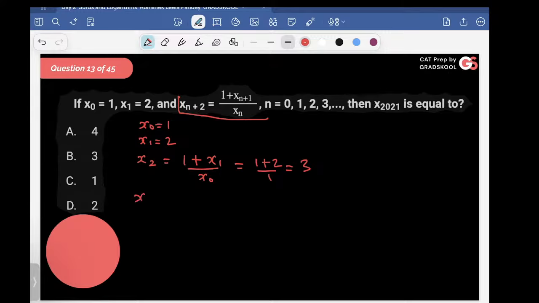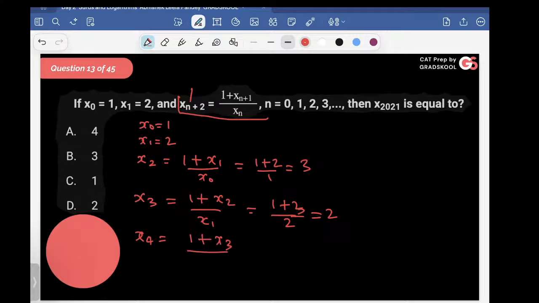I want to find x3, I'll put 1 here, so I'll get 1 plus x2 upon x1, which will give me 1 plus 3 upon 2, that is equal to 2. I want to find x4. That'll be 1 plus x3 upon x2.